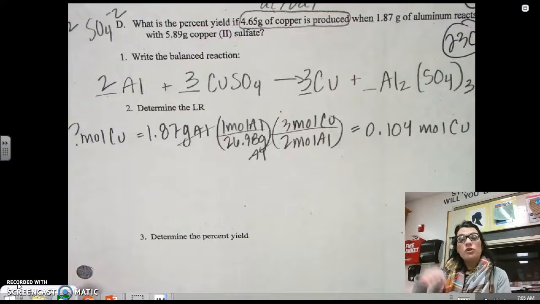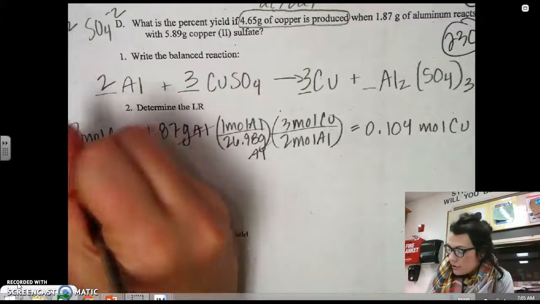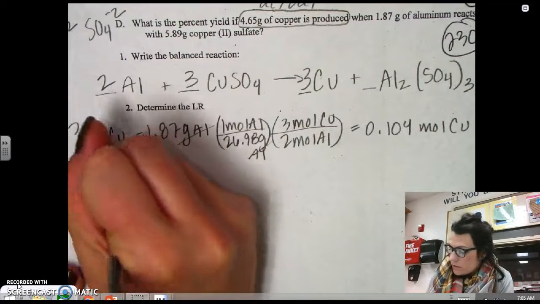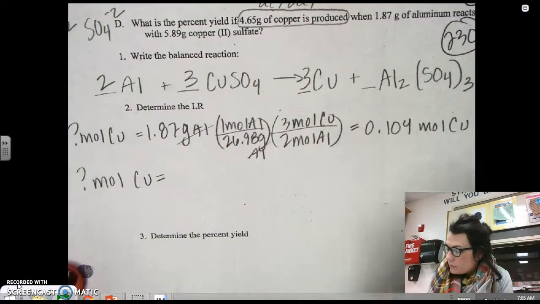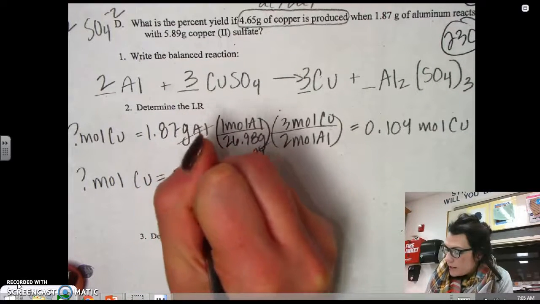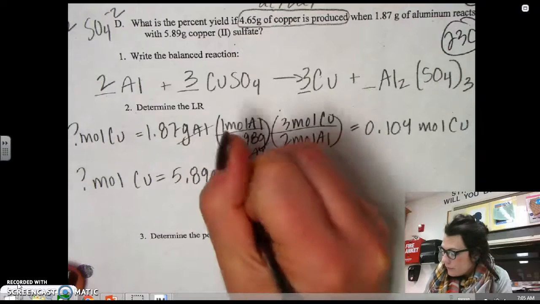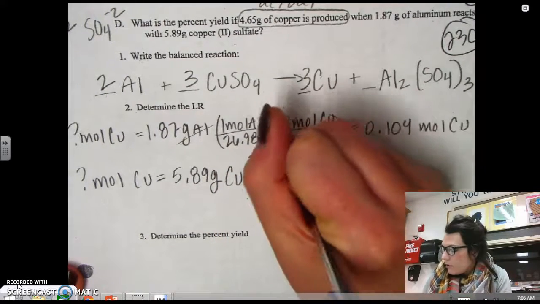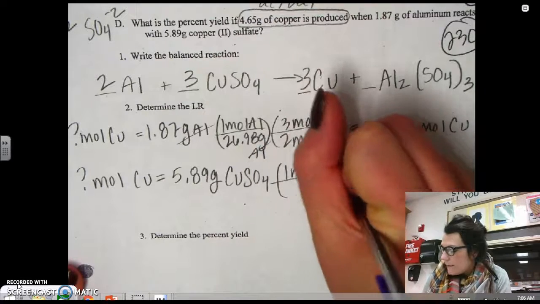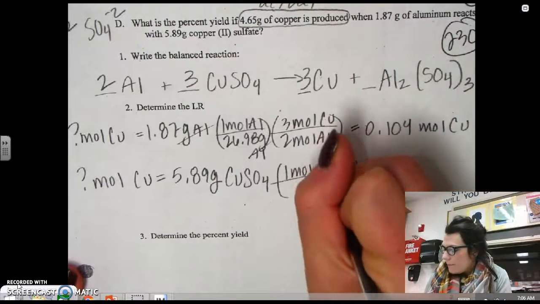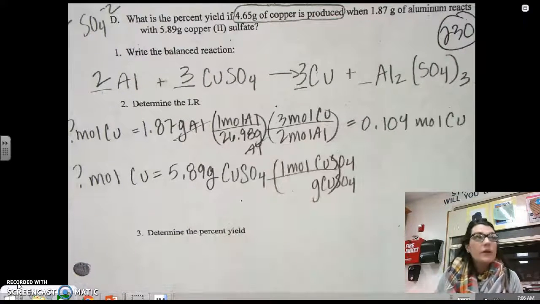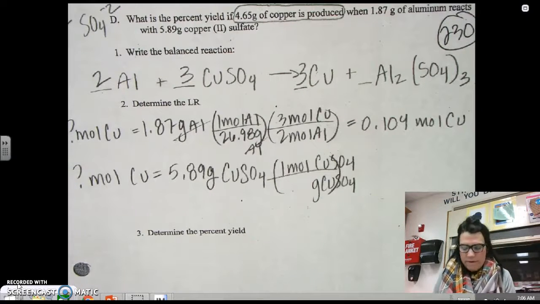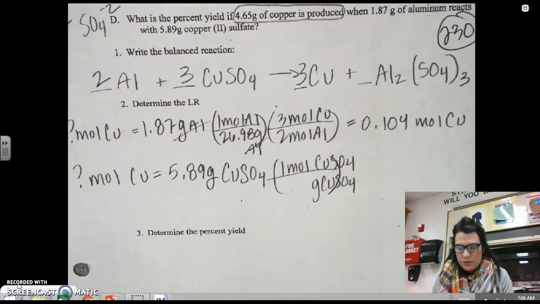Okay, now I have to do it again with my other reactant. So now I have to say question mark, moles of copper is equal to the 5.89 grams of copper 2 sulfate. Okay, so for every 1 mole of copper 2 sulfate, it will weigh, so copper is 63.55 plus 32.07 plus 16 times 4.